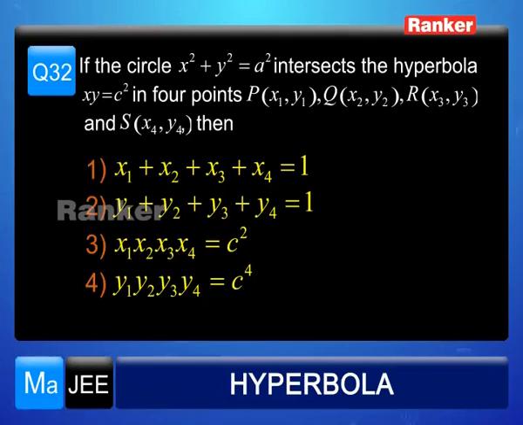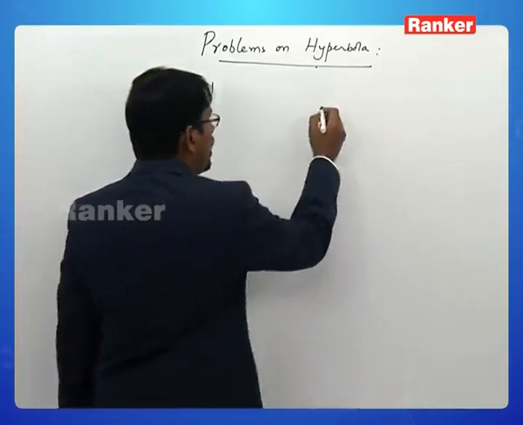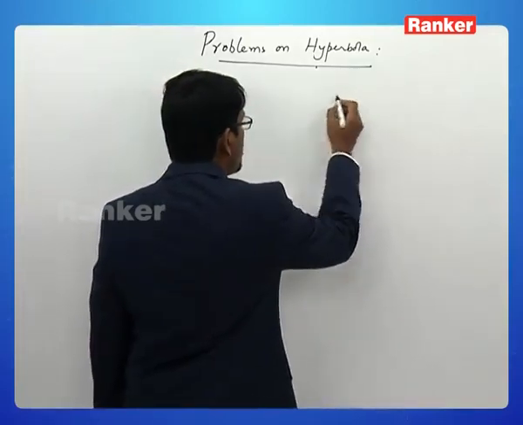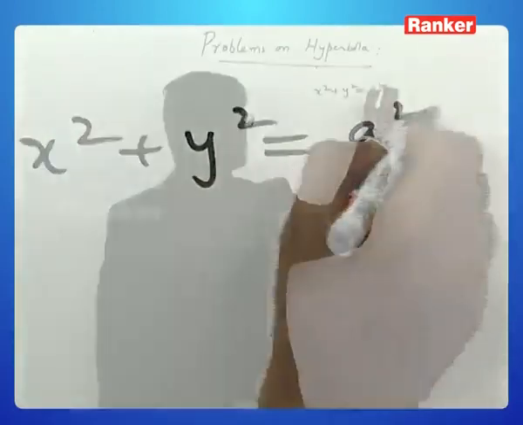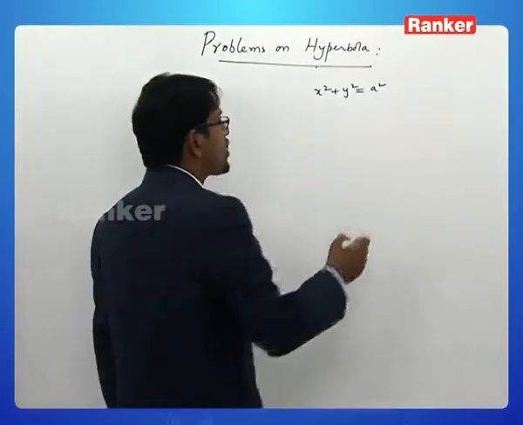Second option, y1 plus y2 plus y3 plus y4 is equal to 1. The third option says x1 into x2 into x3 into x4 is equal to c square. Fourth option says y1 into y2 into y3 into y4 is equal to c power 4. X square plus y square equal to a square. And xy equal to c square.